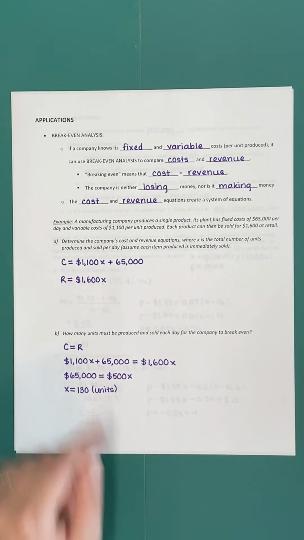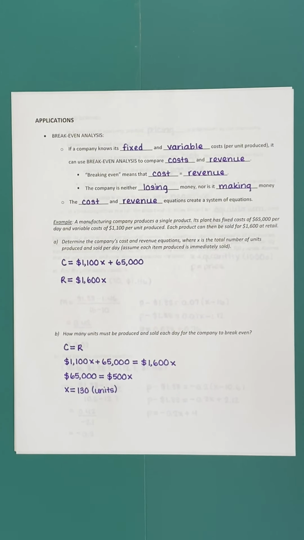These are going to be our two functions. Say we wanted the profit function, the profit equation. Well, remember revenue minus cost, that's our definition for profit. So take your revenue expression, take your cost expression, subtract them, and the resulting expression represents your profit.